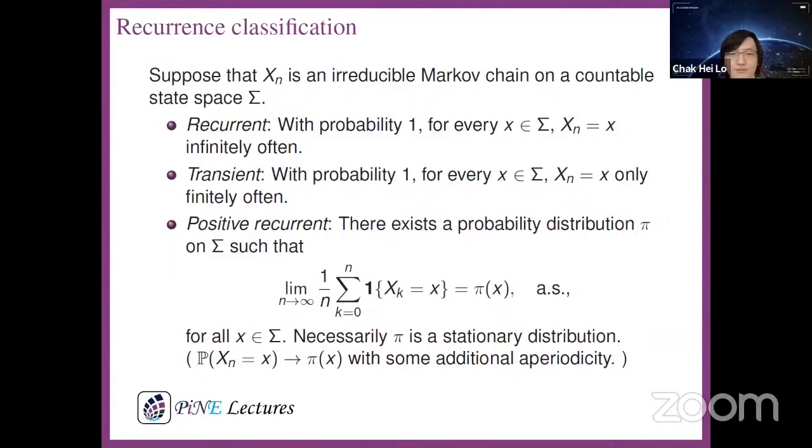So the rate of convergence is uniform. I think this is known as Doeblin's condition in the language of Markov chains. For that, can we find something that gives an equivalent of this Foster-Lyapunov condition?